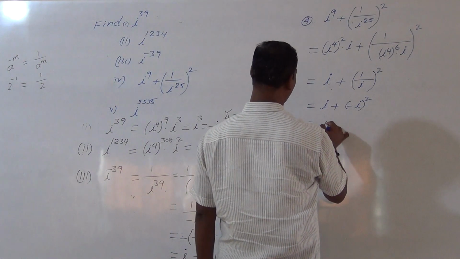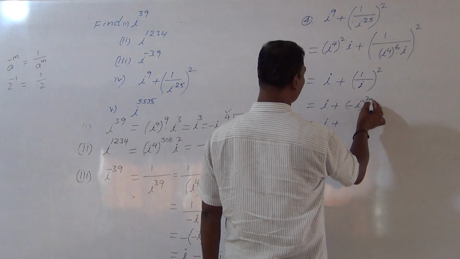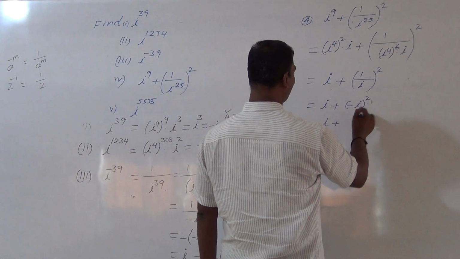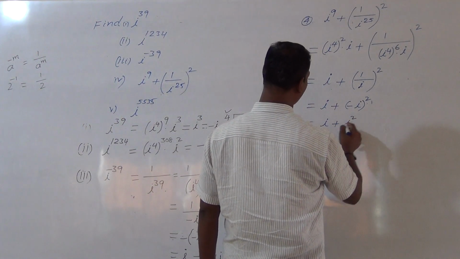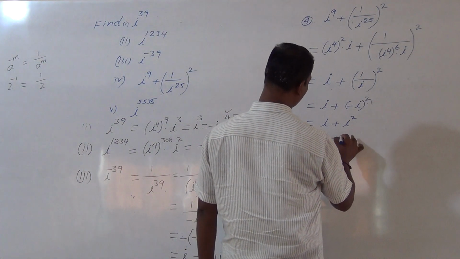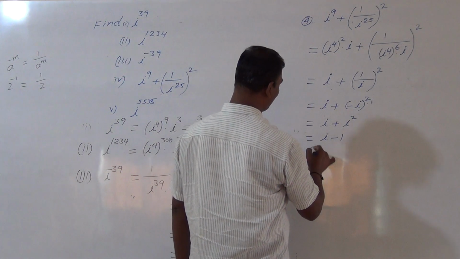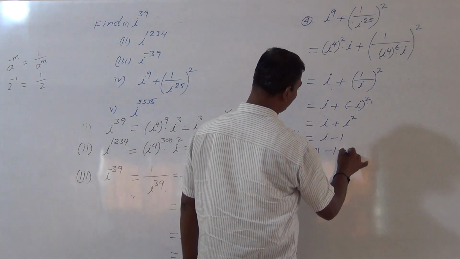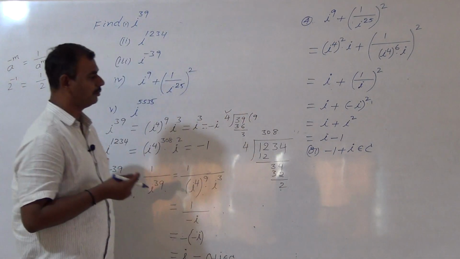It will be i plus, minus becomes plus because of the even power. So i square, again we write i square. So this is equal to i plus i square, which is minus 1. That is i minus 1, also written as minus 1 plus i, which is called a complex number.